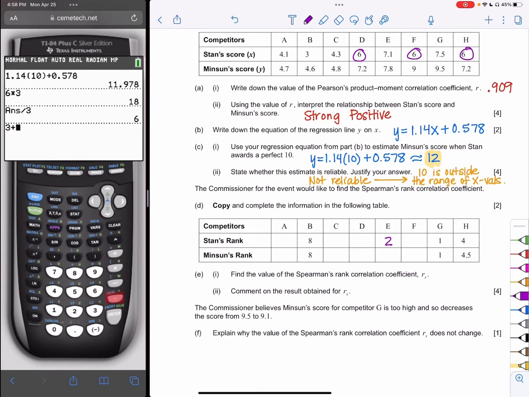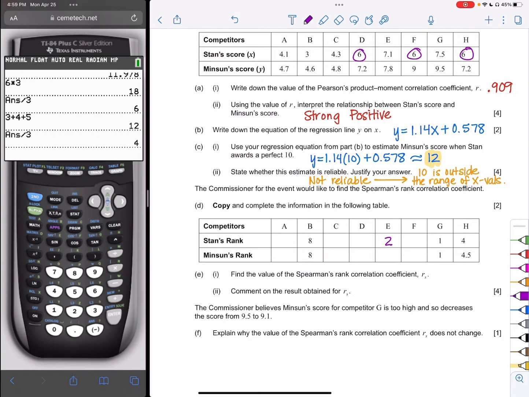So I would add up 3 plus 4 plus 5, because I don't know which way they're going to be, and divide it by 3. That gives me a ranking of 4. So each of these is going to have a ranking of 4 for the values with 6s.